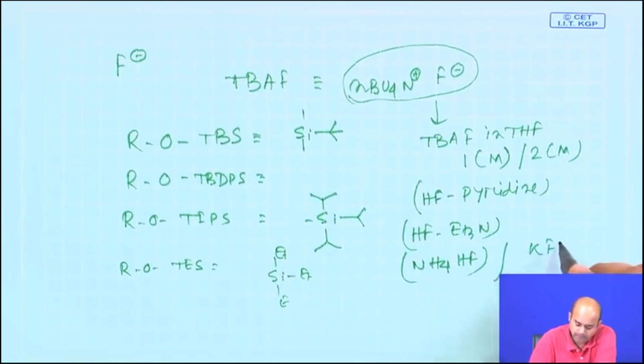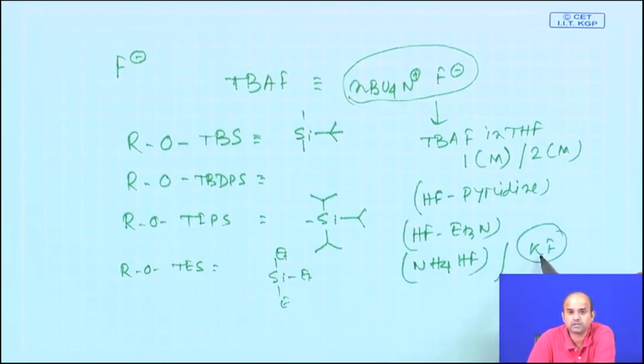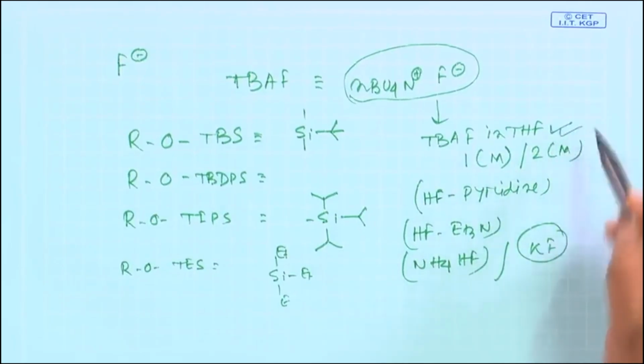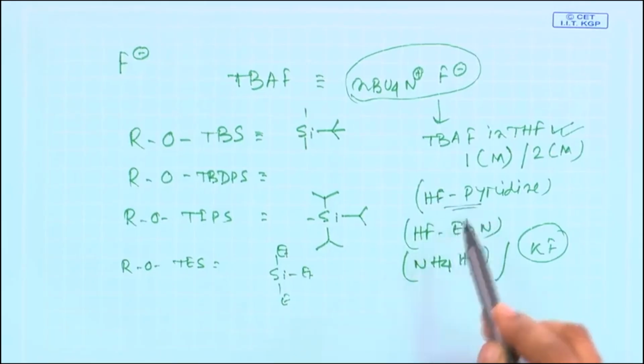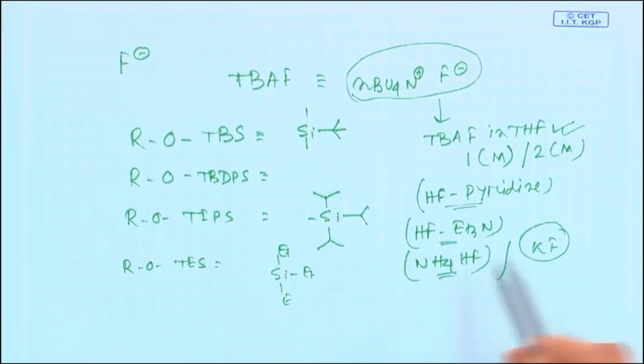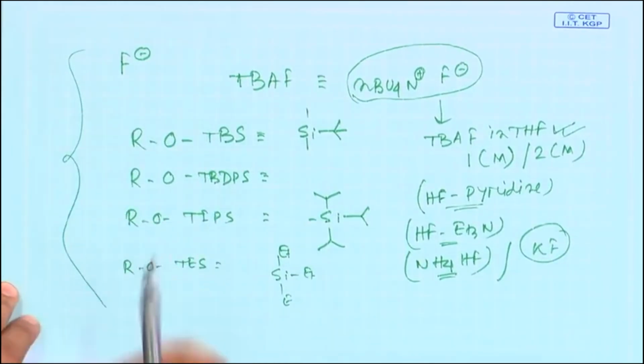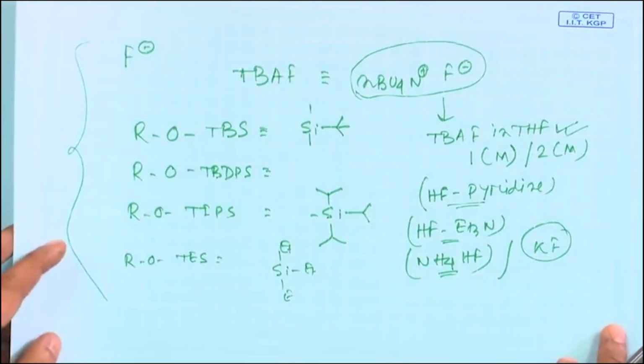Potassium fluoride sometimes was used, but potassium fluoride is very hygroscopic, very difficult to handle, so it is normally not used. TBAF is the most widely used compound to cleave any oxygen silicon bonds or carbon silicon bonds. HF pyridine, HF triethylamine, ammonium fluoride, ammonium hydrogen fluoride, all are used. Probably we will use this set of reagents when we talk about protecting groups in detail.